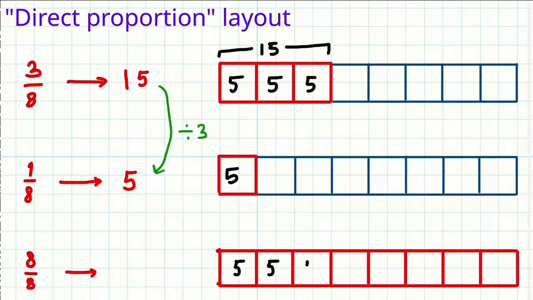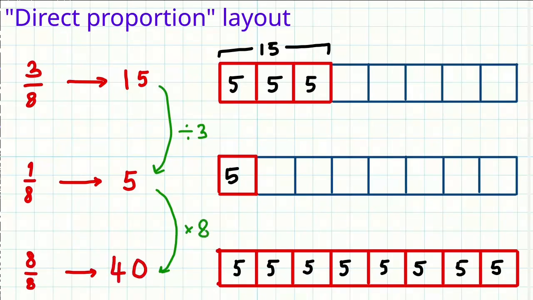Our second step would be to fill in all of the 8s and see that they're all 5. So that means that 8/8 is 5 times 8, or 40. So our second step is you multiply by 8. And you can see that dividing by 3, multiplying by 8, is the same thing as times 8/3, because there you're dividing by the bottom, timesing by the top.